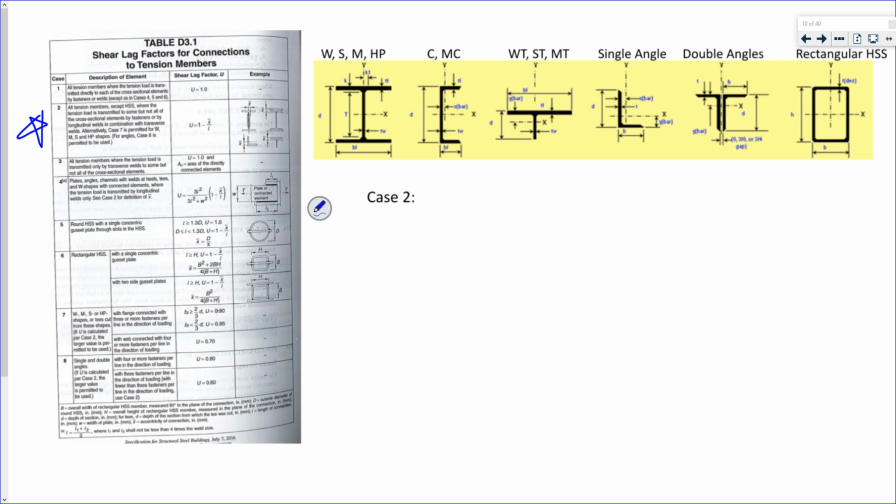Alternately, you could use case 7 for our W section or case 8 for angles.